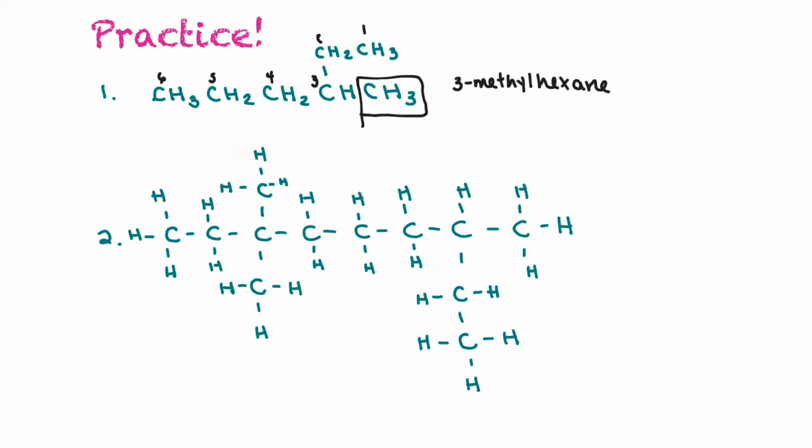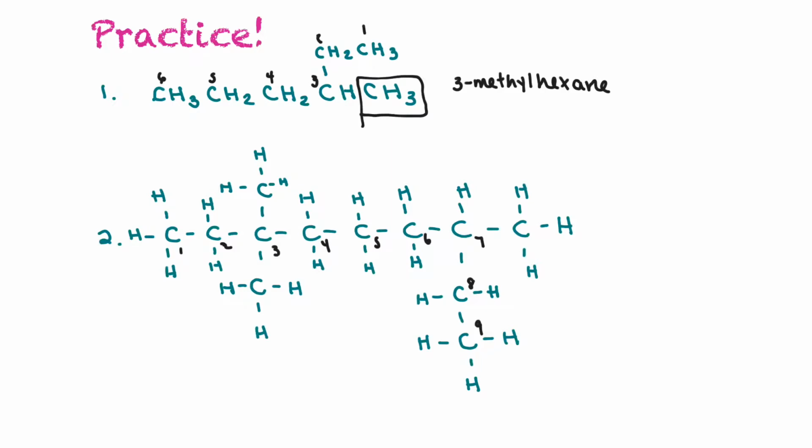So 2 branches are more important than just 1, so we're going to name from that end. We'll number them first so we don't get mixed up. 1, 2, 3, 4, 5, 6, 7, 8, 9. And we actually have 3 of the same group coming off. So we have a 1 carbon branch here, a 1 carbon branch here, and a 1 carbon branch here.